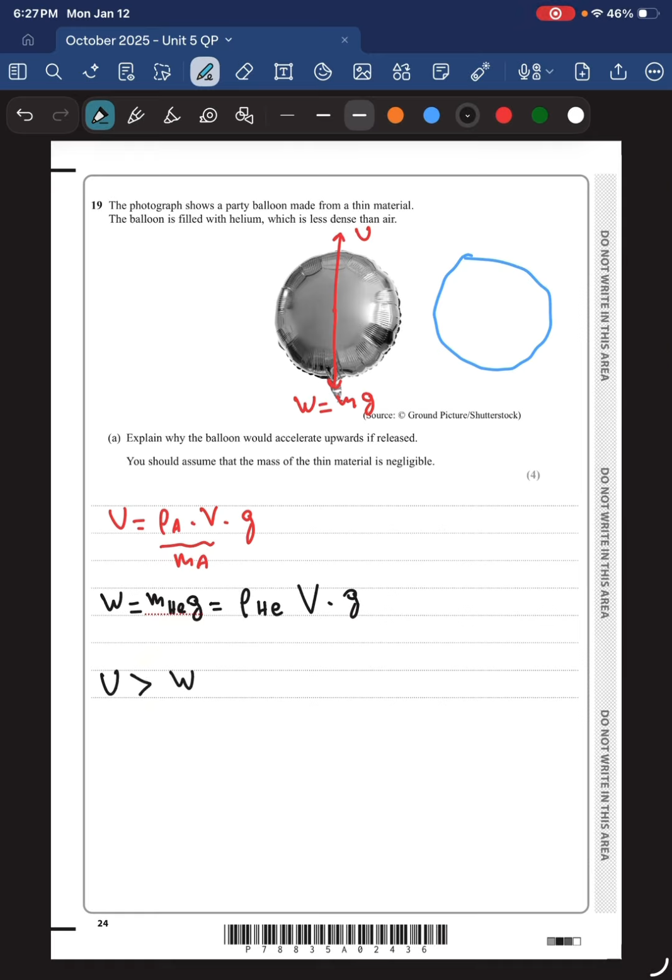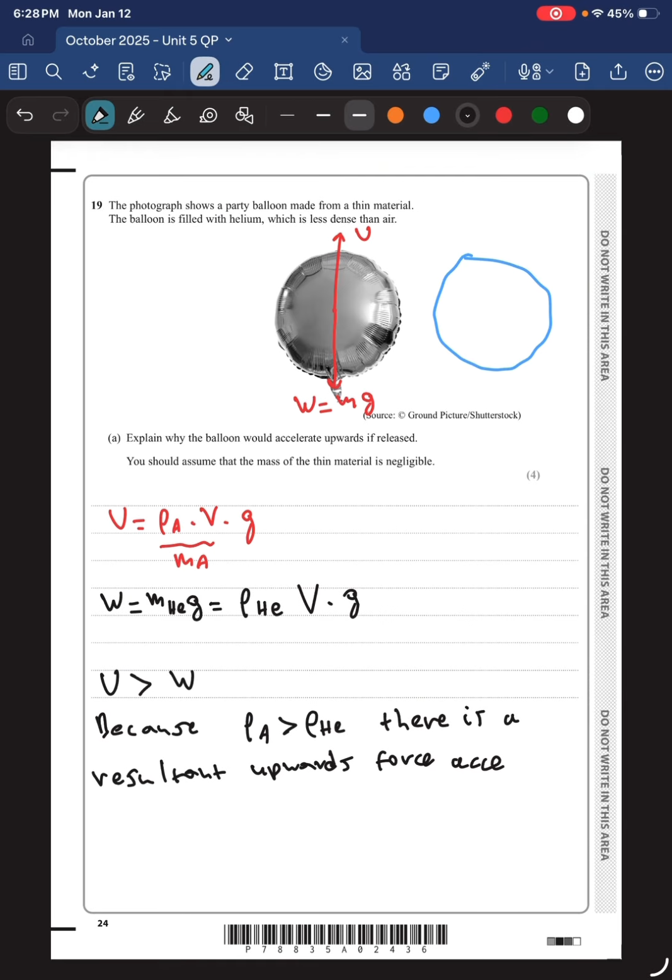So we can write that because the density of air is larger than the density of helium, there is a resultant upwards force accelerating the balloon upwards.